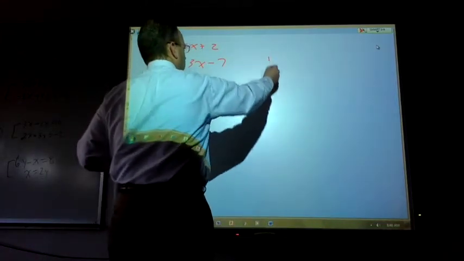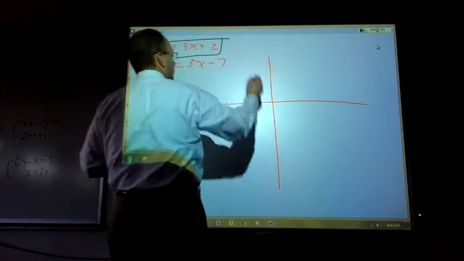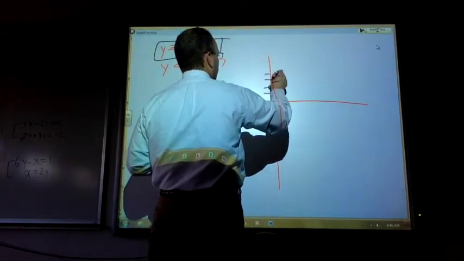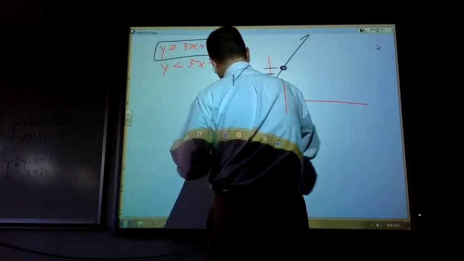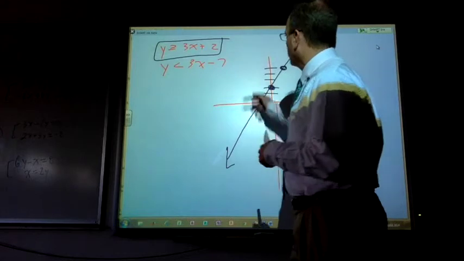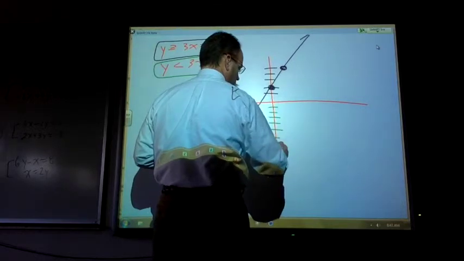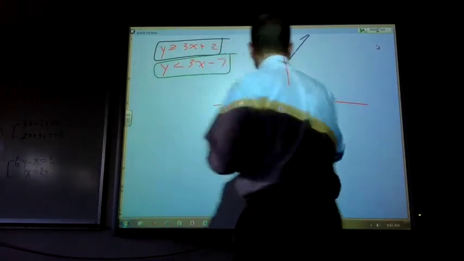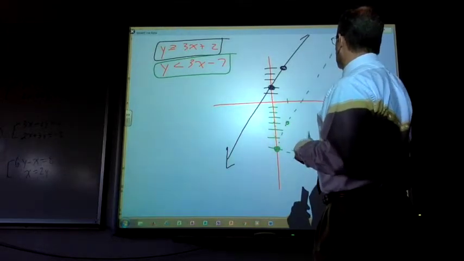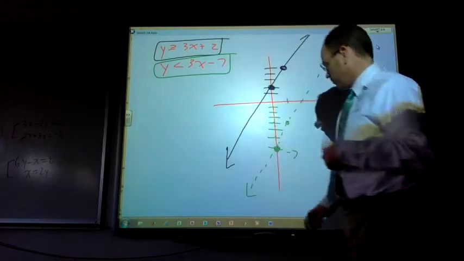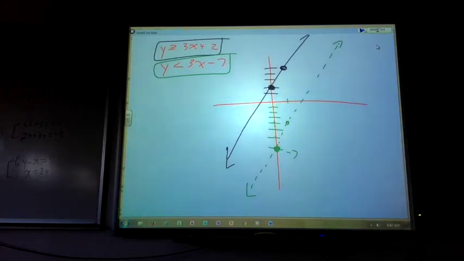So for those of you struggling a little bit with graphing, up 3, right 1.